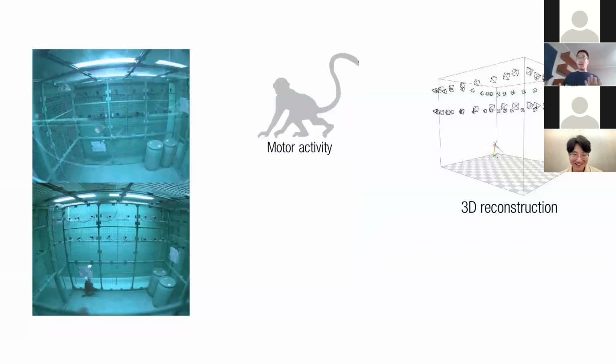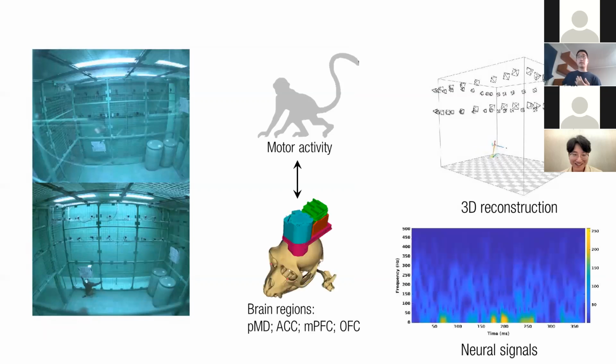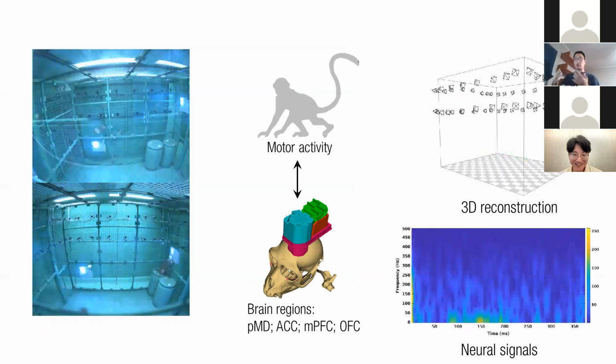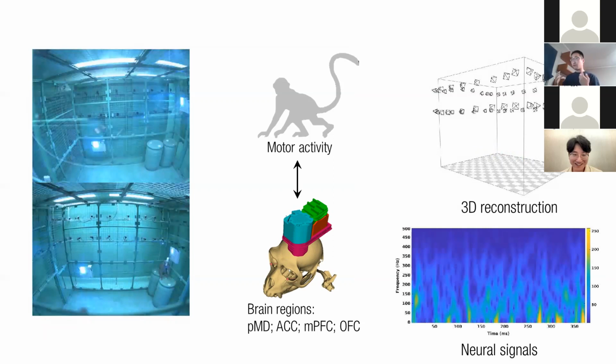And we can also implant a wireless electroprobe into the brain to measure the brain activity responsible for motor behaviors and spatial reasoning, corresponding to brain regions such as the motor cortex, frontal cortex, and the visual cortex, and so on.